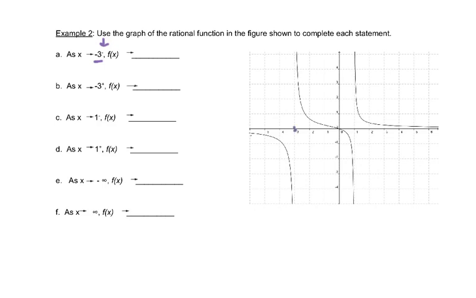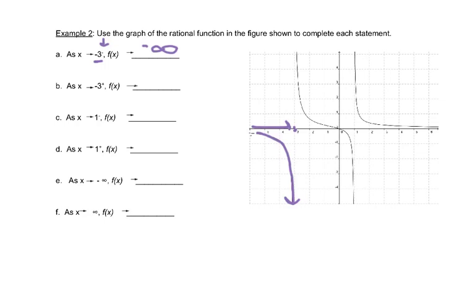So we're headed towards negative 3 on the x number line, but we're coming from the left. And we're trying to ask ourselves, what's the graph doing as we trace it in that direction? Well, the y value is headed straight down, so that would be negative infinity.